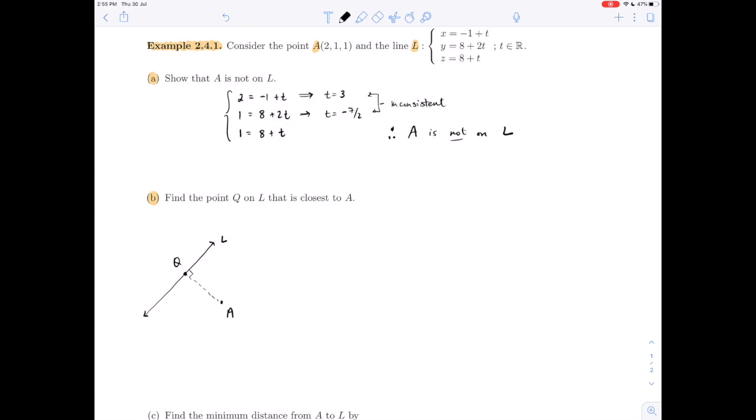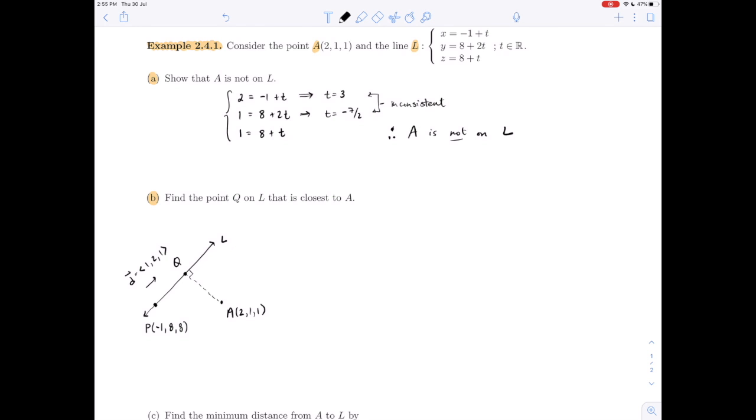So we can see a couple things about L. We can see a point P on L, which we can read from the parametric equations as the point (-1, 8, 8). A was the point (2, 1, 1). And we can also see the direction vector being used for L, which is the coefficients of t, so (1, 2, 1).